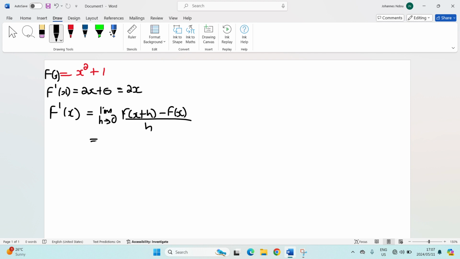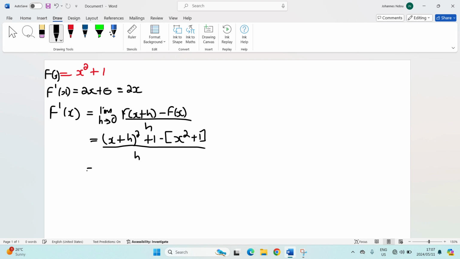Now let's see. Whenever you see x in the expression in the given equation, replace it with x plus h. So I'm going to have x plus h squared plus 1, and I'll subtract by x squared plus 1. That is my f of x. And all the terms will be divided by h.